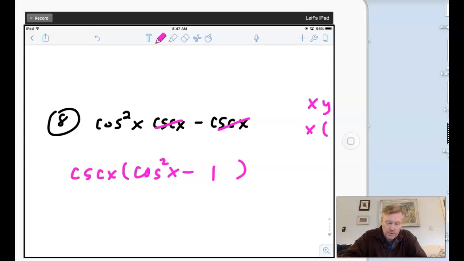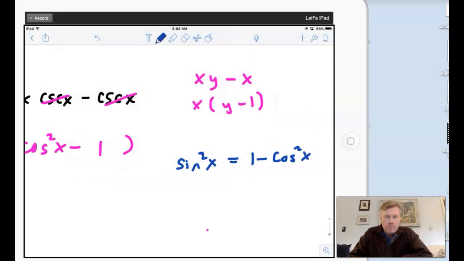So that's what you're left with there. So now I've got cosine squared of x minus 1. Okay, so cosine squared minus 1, that's real close to 1 minus cosine squared, which we already said is sine squared. So there's a trick here, and the trick is I make the sine squared negative. In fact, I'm going to do it to both sides.